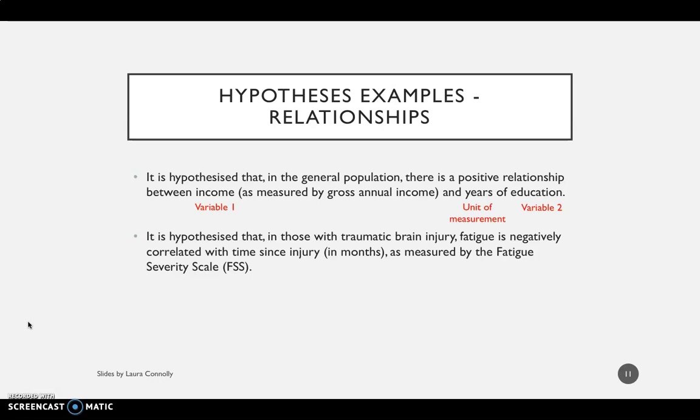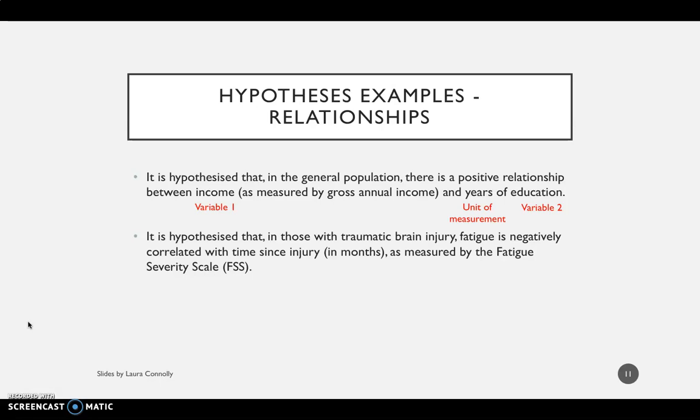So we've got years of education. Equally, we could look at something like level of education, in which case you would be looking at something like tertiary education, completion of high school, etc. However, that's a dichotomous type nominal variable. And so for a Pearson correlation, we need to be looking at using ratio level data.